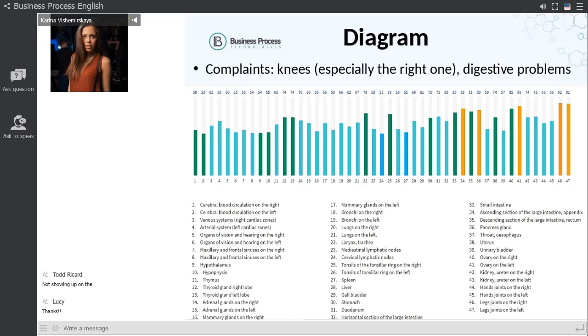So if the person had the problem but was healed, the organ can be shown in turquoise or even in green color because we do the test and the results are shown at the moment of the testing. If the person does not have any problem with this organ and system anymore, probably it will be shown turquoise or green. It means that the system works well at the moment.